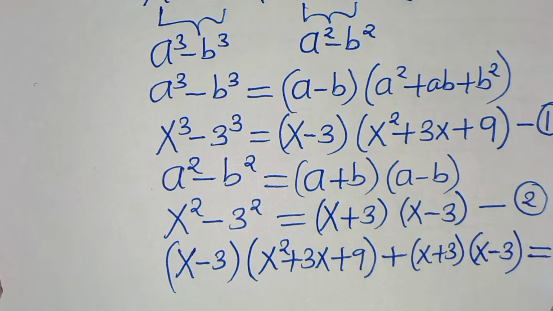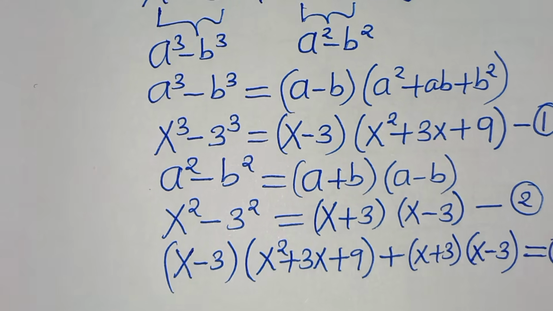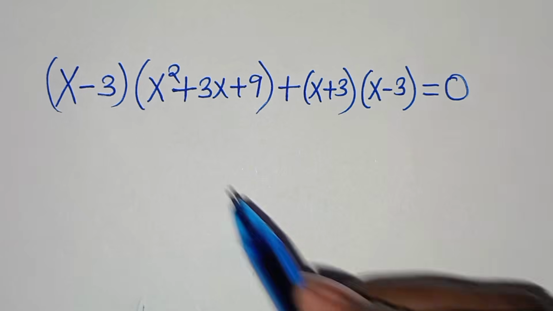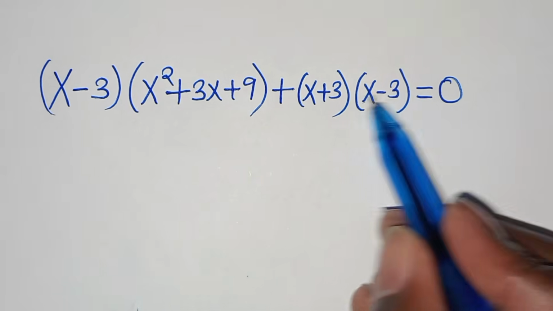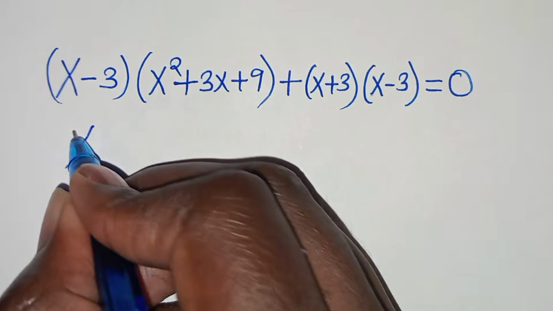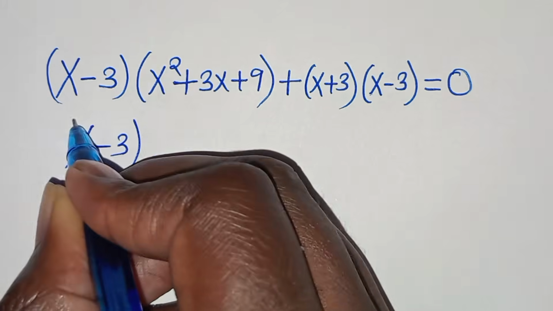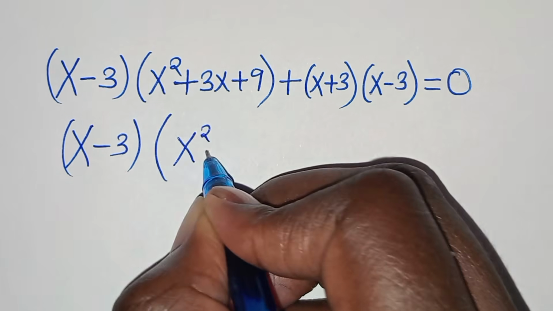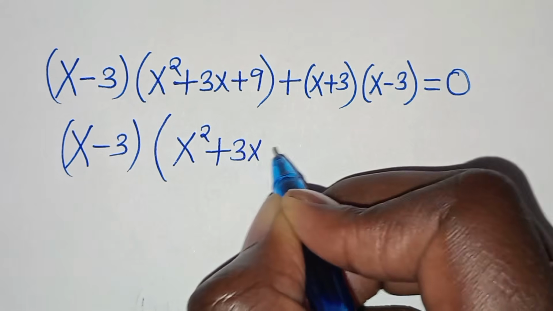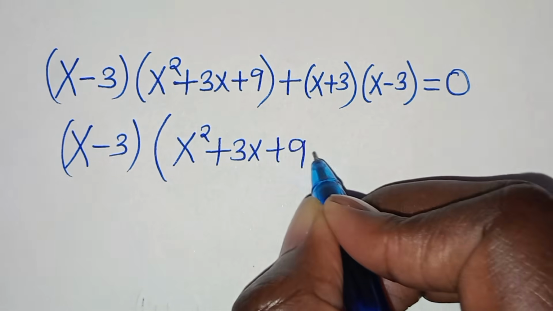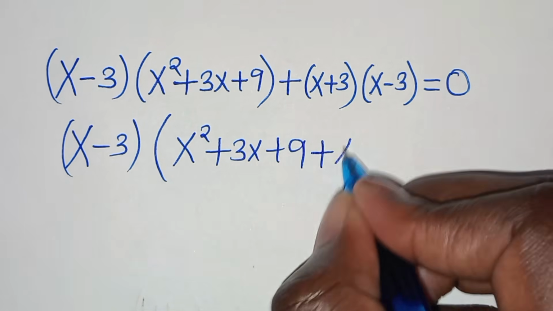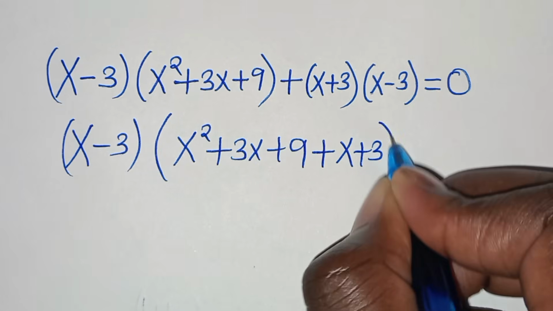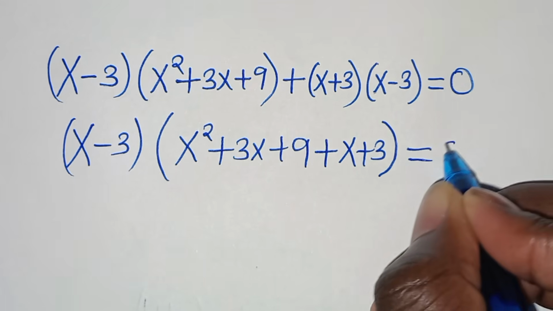This is equal to 0. Now we have that x minus 3 is common here, so we can factor out x minus 3 into the parentheses. This is x to the power of 2 plus 3x plus 9, then plus x plus 3 across the parentheses, then this is equal to 0.